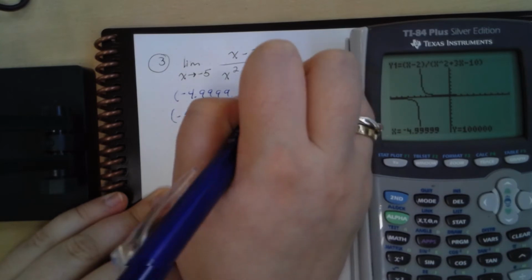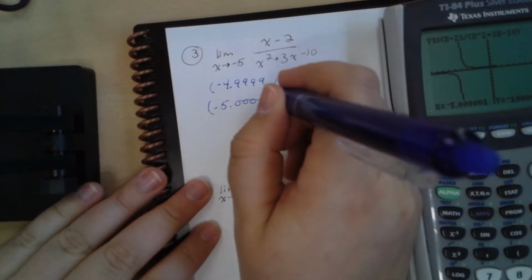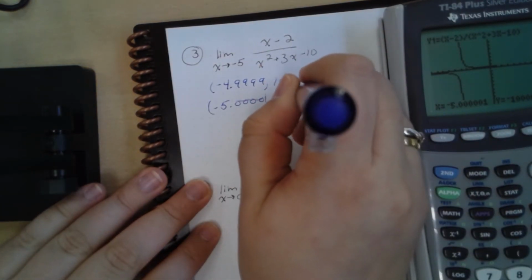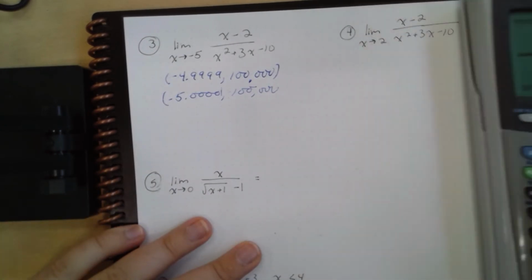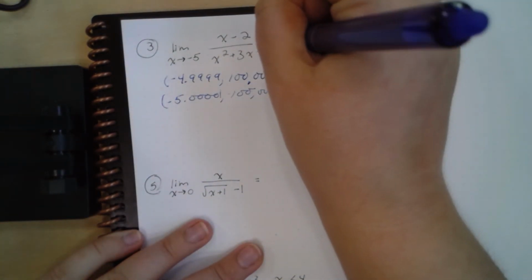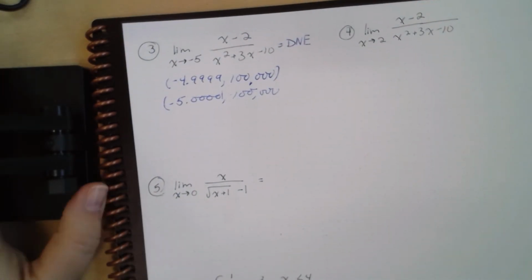And if I do negative 5.0001, I get negative 100,000. So what's my limit? Well, these didn't match up. And because these didn't match up, my limit here does not exist. The limit does not exist.